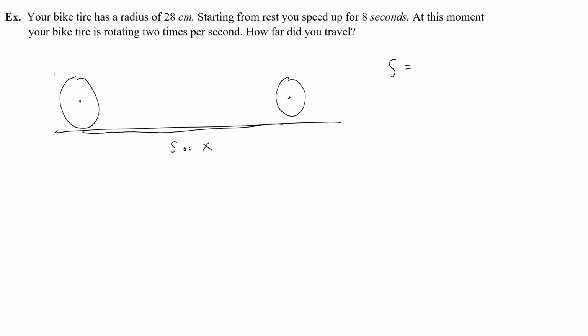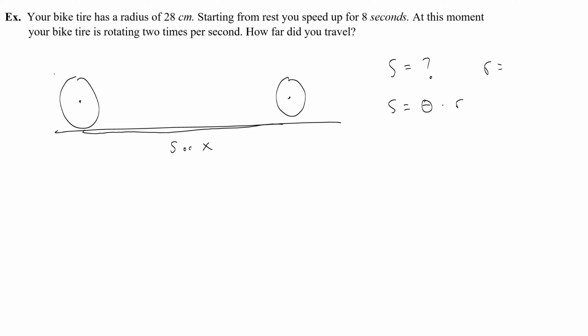To do that, we are going to need to know the angular position and the radius. So the radius isn't 28 centimeters, it's half of that, which would be 14 centimeters, or 0.14 meters.